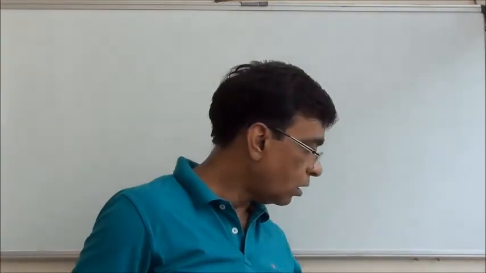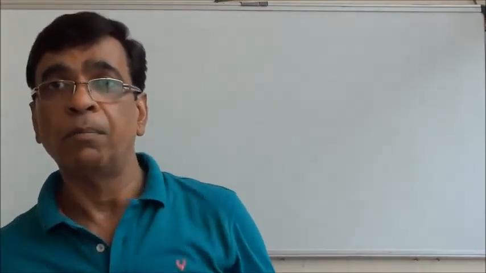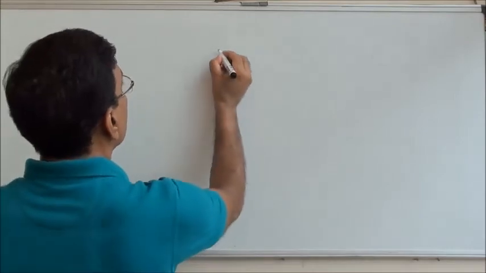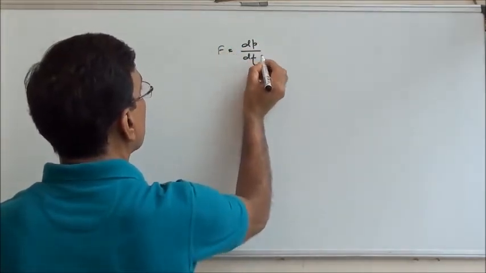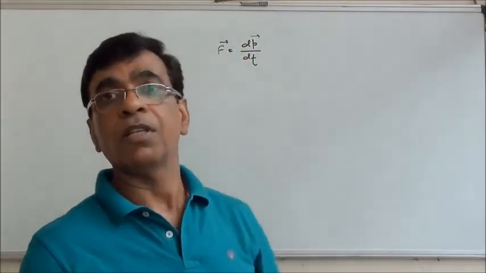There is another concept that has been used: impulse and impulsive forces. Impulsive forces are those forces which act for a very short interval of time and are very large, such as in collisions.